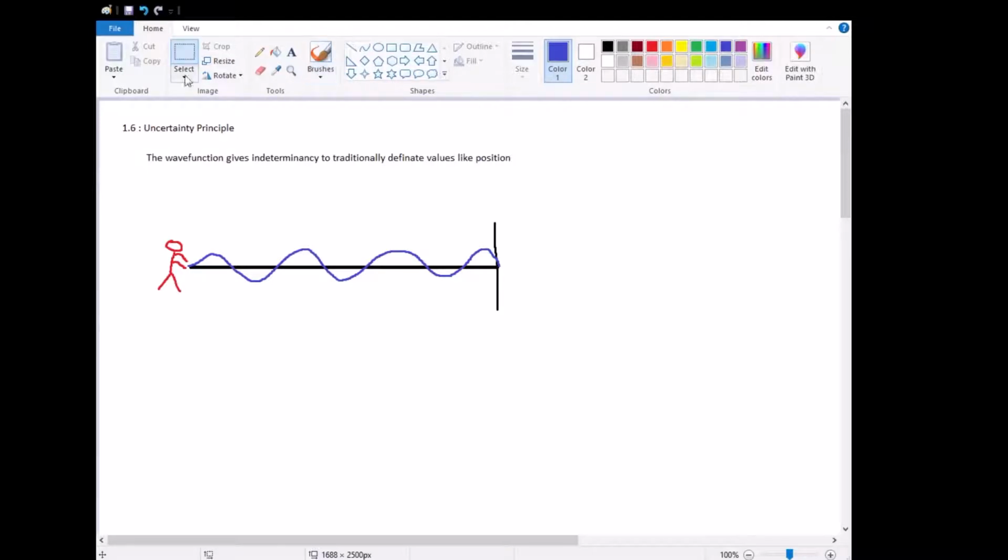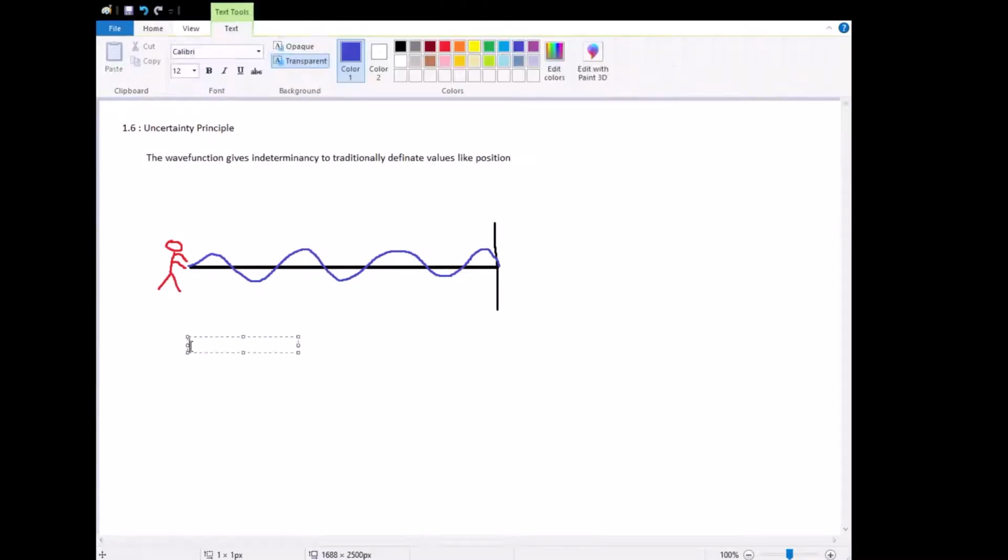On the other hand, the wave does have values that we can define exactly, and one of these is wavelength. So let's define that first. We can't determine the exact position of our wave.